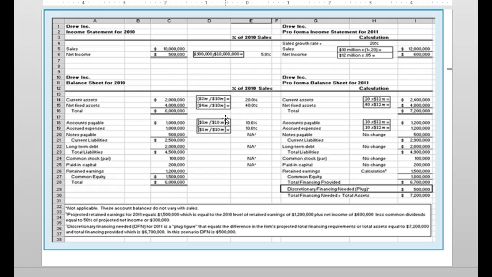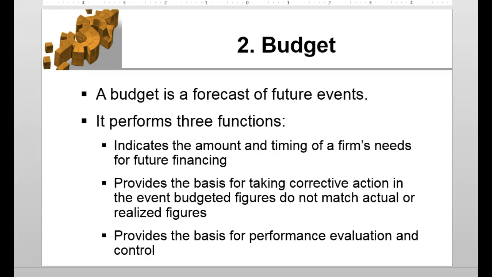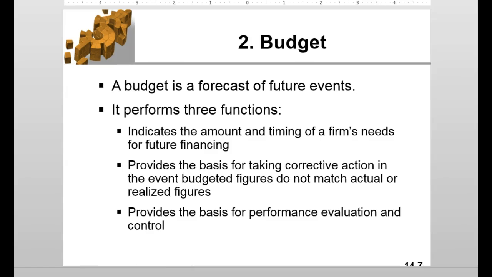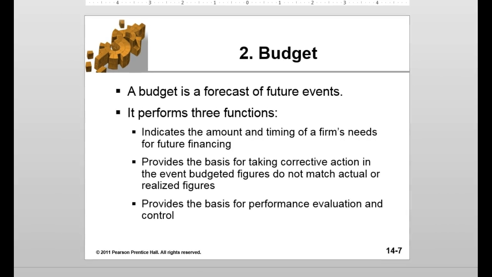So that's one way. The other way is this budget. And let me make that a little bit smaller. It's not overwhelming. So a budget is a forecast of future events, and it does three things. It looks at the firm's needs for future financing. It gives a basis for corrective action in case budget figures don't match.